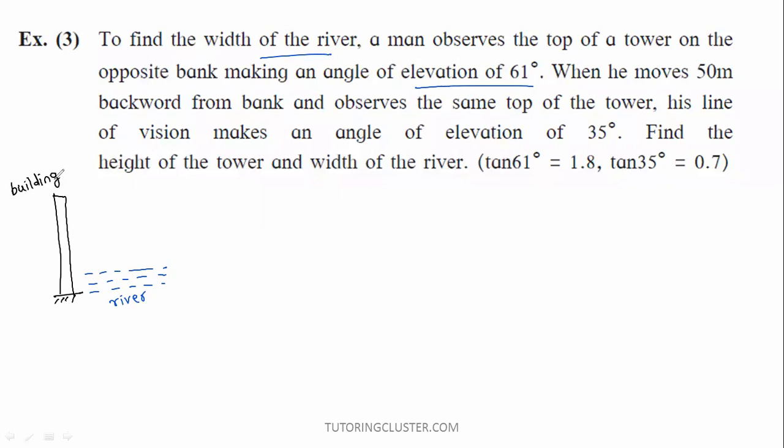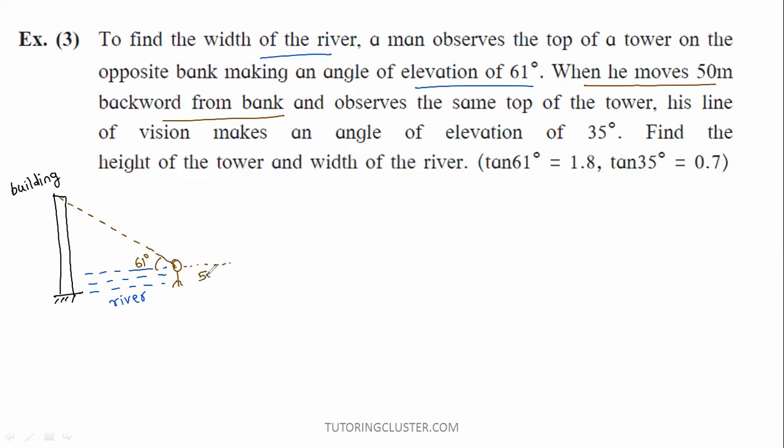Now, the man observes the top of the tower on the opposite bank, making an angle of elevation of 61 degrees. So, man is standing here. Angle of elevation, how much is it? 61 degrees. Okay, now read the next. When he moves 50 meter backward from the bank, he is moving like this.